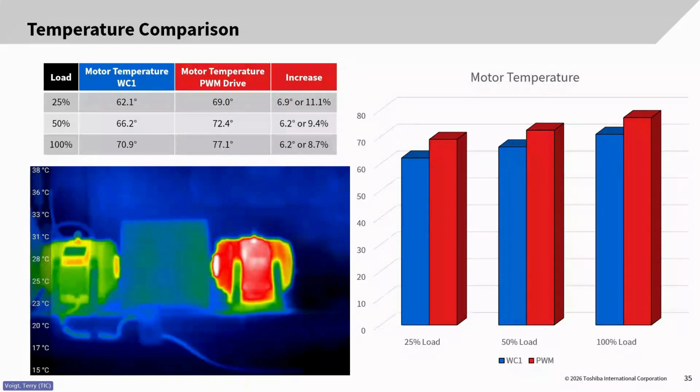You see the graphs on the right-hand side too. Every single time, the PWM drive has higher temperature than the WC1. So this leads to longer motor life and potentially less bearing issues, less motor or load issues, stuff like that. It can be a very, very big tool to help solve some issues in high temperature situations.